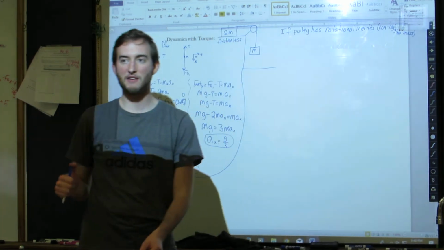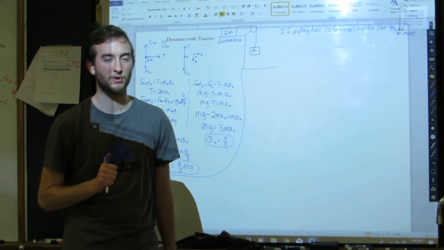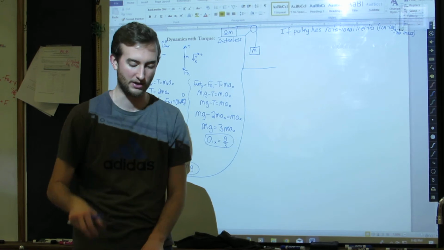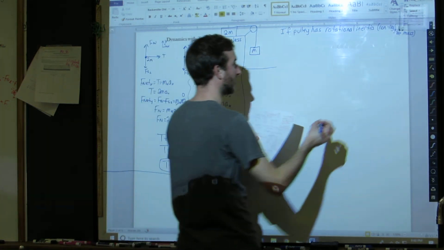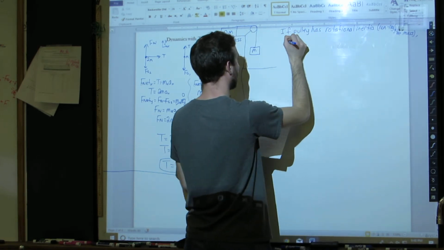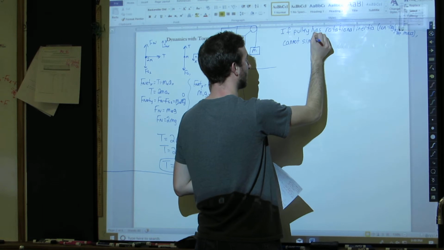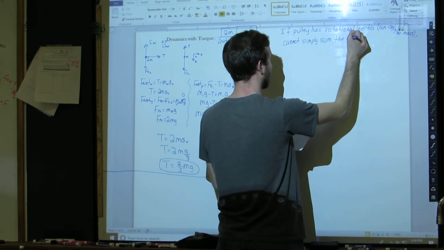The reason being, if it has mass, then if it's rotating, it definitely has a moment of inertia, because a moment of inertia is some coefficient times m times r squared. So if it has some mass, it has rotational inertia, and unfortunately, we cannot simply just sum the forces. We can't just take the sum of all the forces.